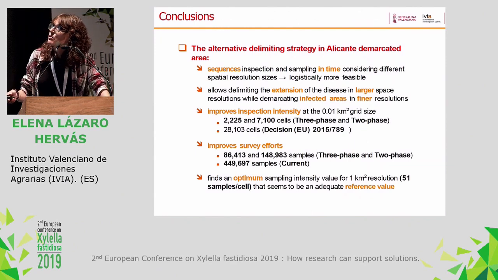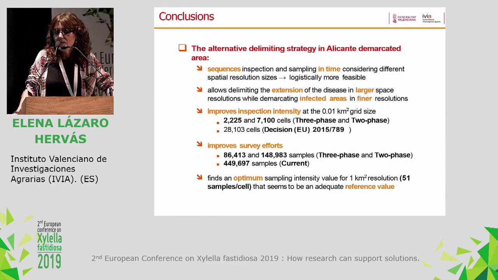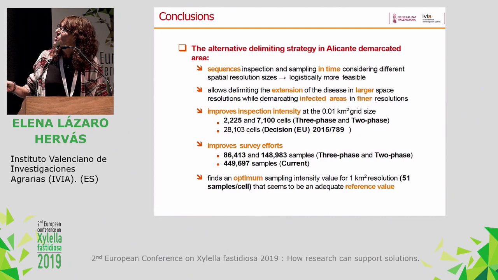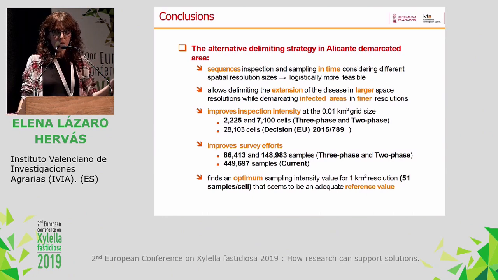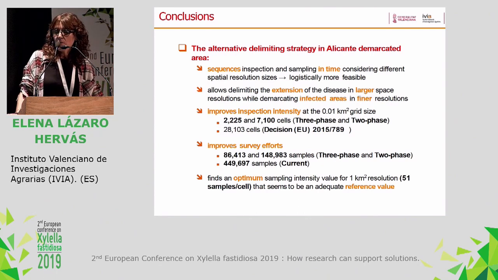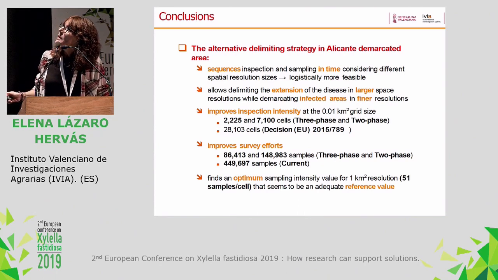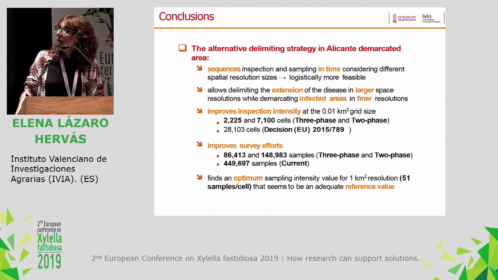Just for concluding, in relation to our alternative delimiting strategy in the Alicante demarcated area, this strategy, sequencing inspection and sampling in time considering different spatial resolution sizes, could be a logistically more feasible strategy than the other one. It also delimits the extension of the disease at larger spatial resolutions while demarcating the infected area at finer resolutions, and also improves inspection intensity at the 0.01 kilometers square grid size, with some metrics that I have shown before.